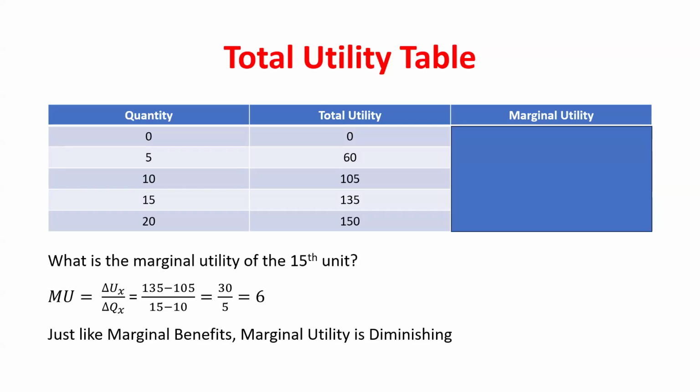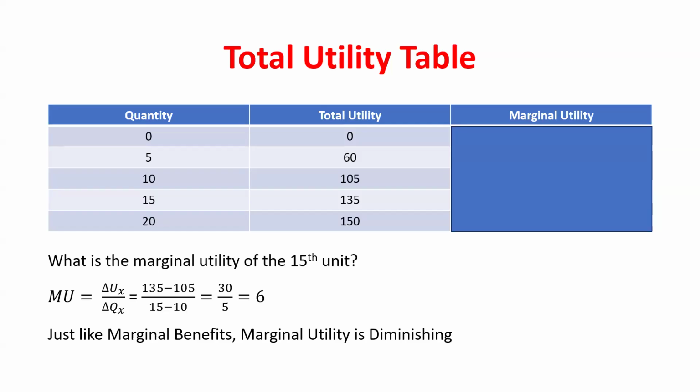Now, when I went from 5 to 10, how much was my total utility changing by? Same change in quantity, but now the change in my total utility, it's not going up by 60, it's only going up by 45. And then the next 5 I buy, it's only going up by, what, 30, et cetera, et cetera. So my marginal utility, as I buy more of this good, is going down. Total utility is always increasing, but my marginal utility is going down.